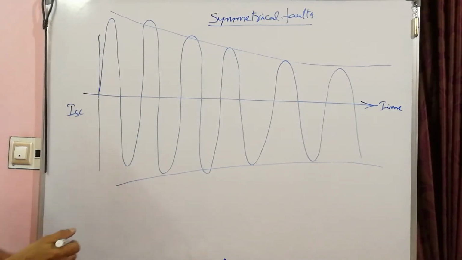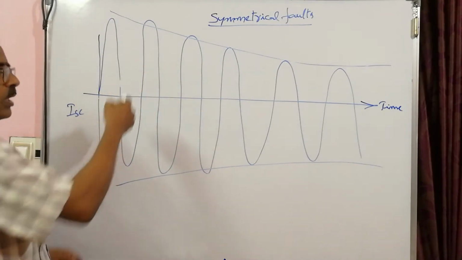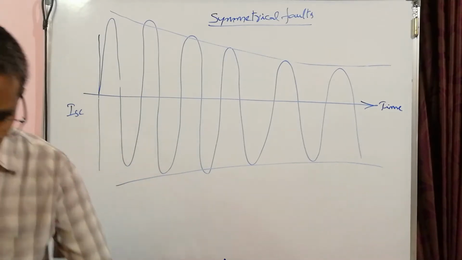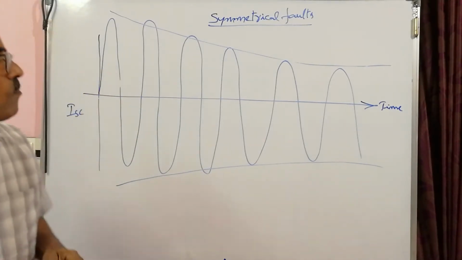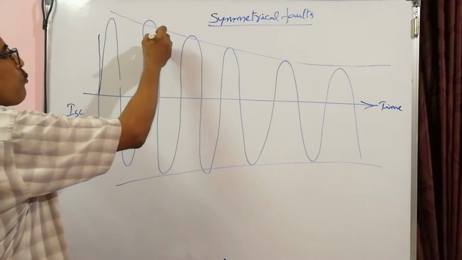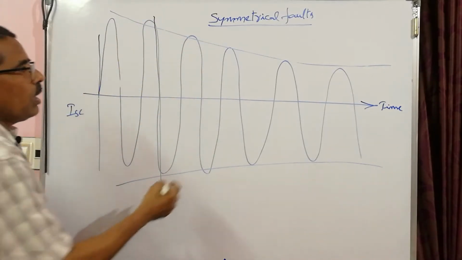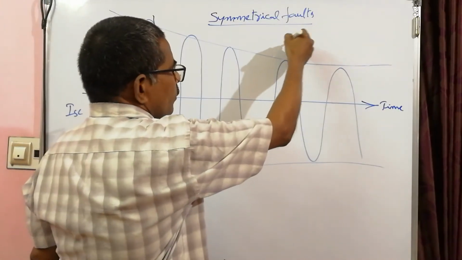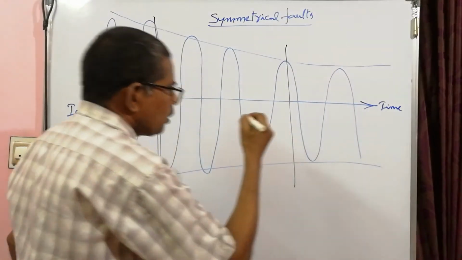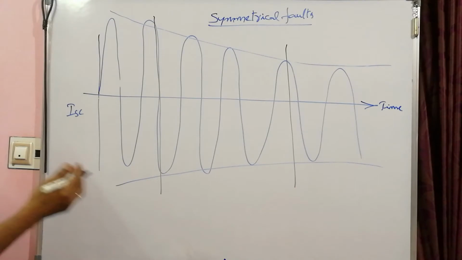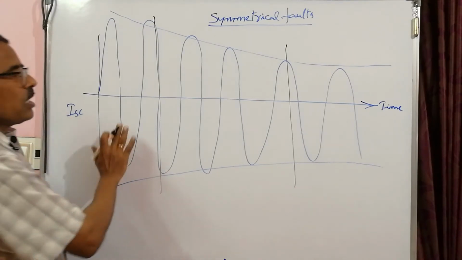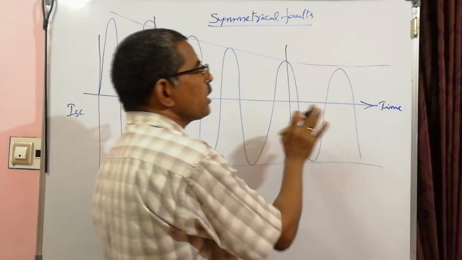This can be divided into 3 regions: the first few cycles of time, then a few more cycles. This is the first region, second region and third region.